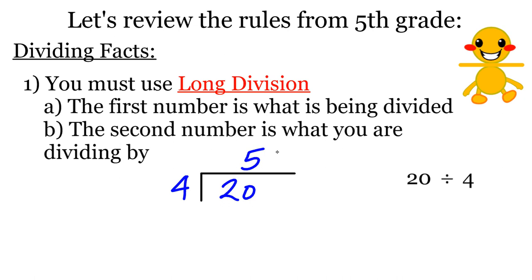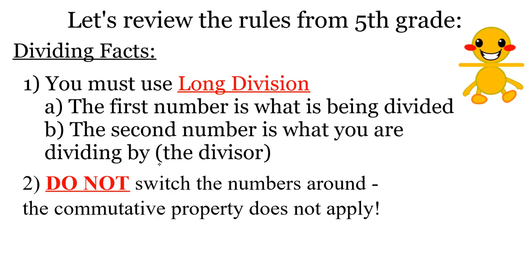That's probably the biggest mistake I see, students putting numbers in the wrong place when they are doing division of decimals. Second thing is, do not switch the numbers around because the commutative property does not apply. And what I mean by that is, if I had 10 divided by 2 or 2 divided by 10, these would give me 2 different numbers altogether.